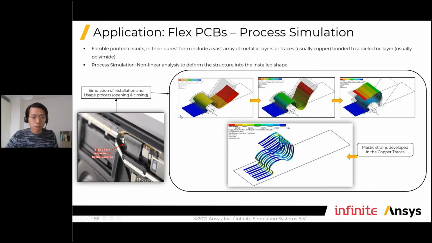Now we have some quick examples here where we can also see flexible PCBs, how the folding process, the manufacturing process, is going to build up some plastic strain in your material, and this change of plastic strain might also cause some change of our electrical properties, and how are we going to predict the potential issues, maybe when we have a short circuit or maybe when we have a system failure, as this is going to be one of the most fragile components in our system.